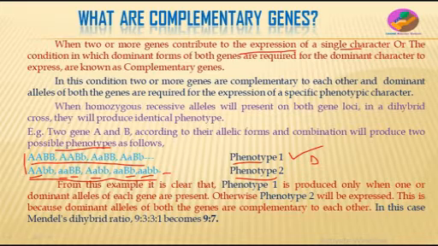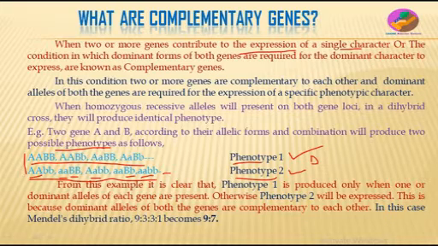You must understand one thing: for the expression of the dominant phenotype, both genes should contain dominant alleles. If one gene or both genes lack a dominant allele, it will give rise to phenotype 2.